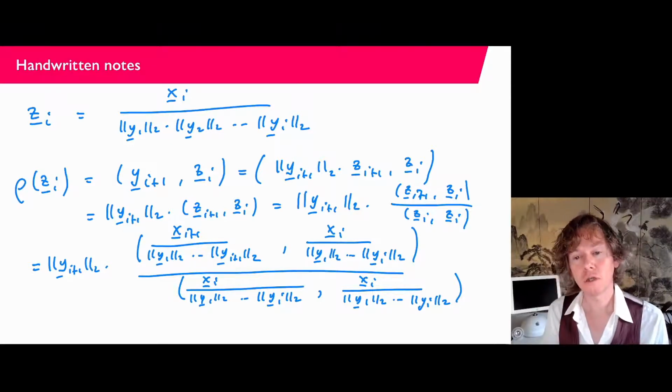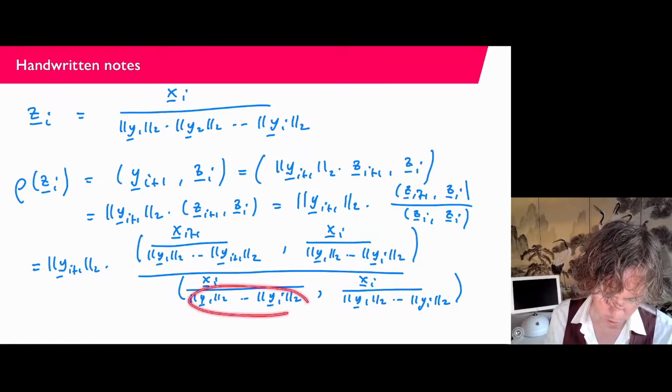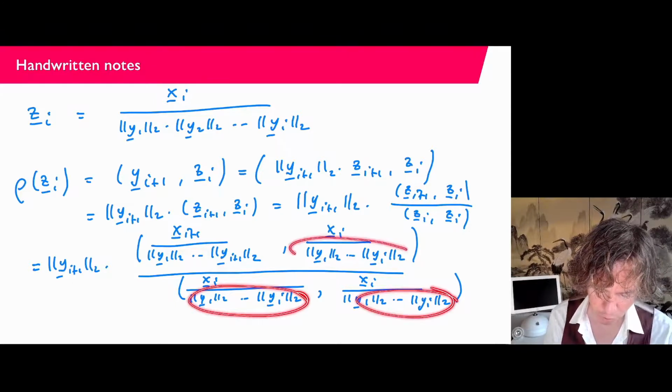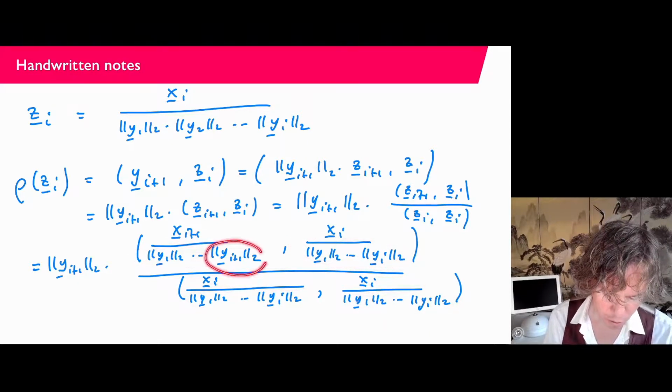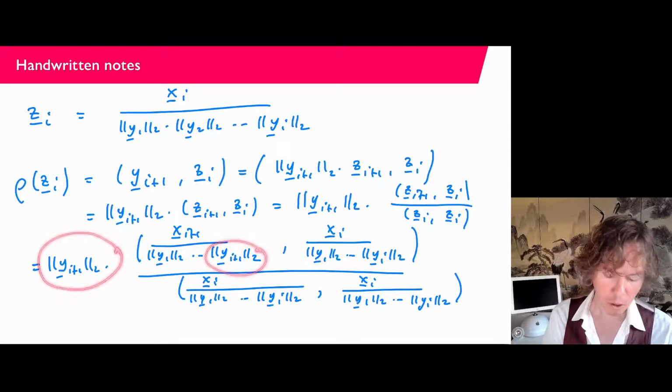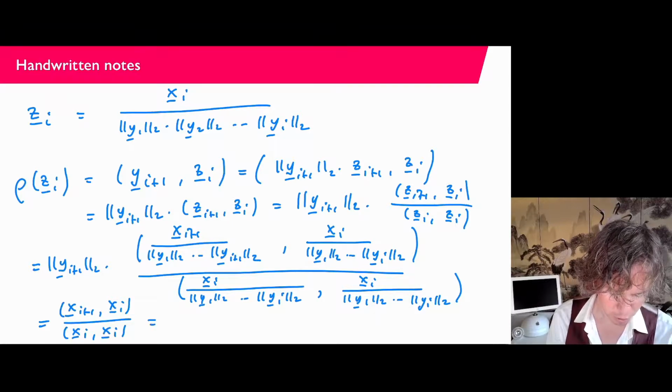And what you see is that all of these norms here, so this denominator also appears here, also appears here, and it appears here, but this first term has an additional length yi plus 1, but that's cancelled out by this one. So what it says here, this is just a very long and windy way to write xi plus 1, comma, xi over xi, comma, xi, which is precisely rho of xi.